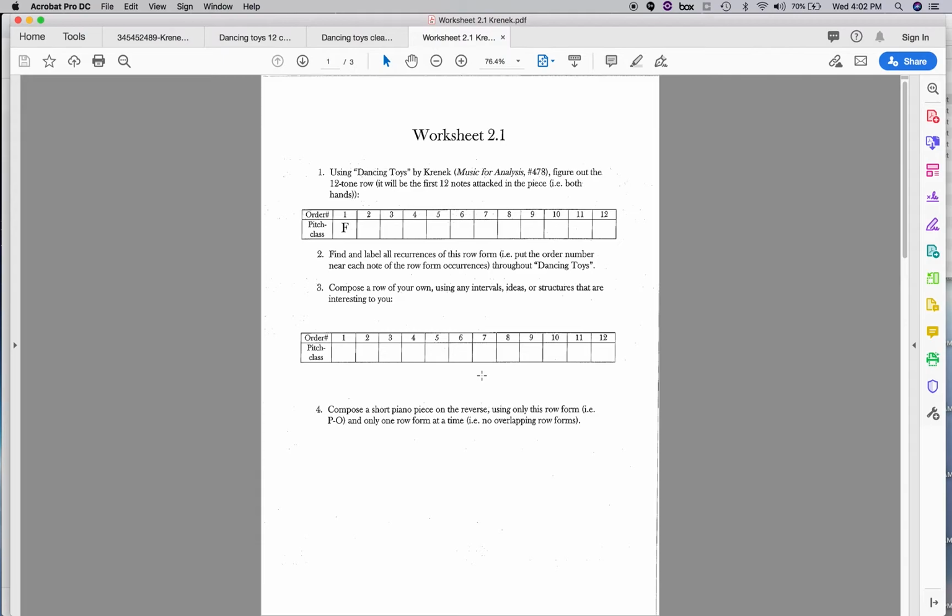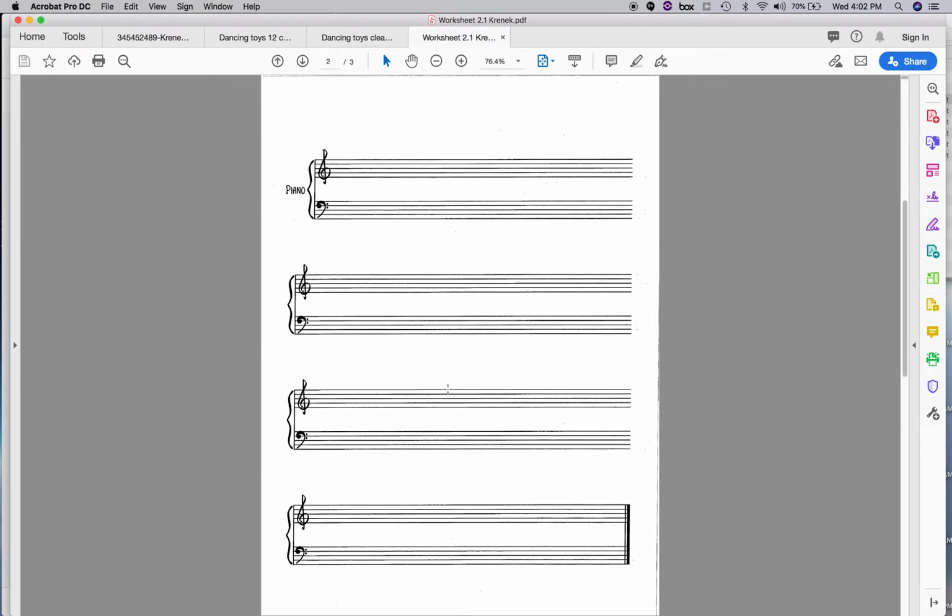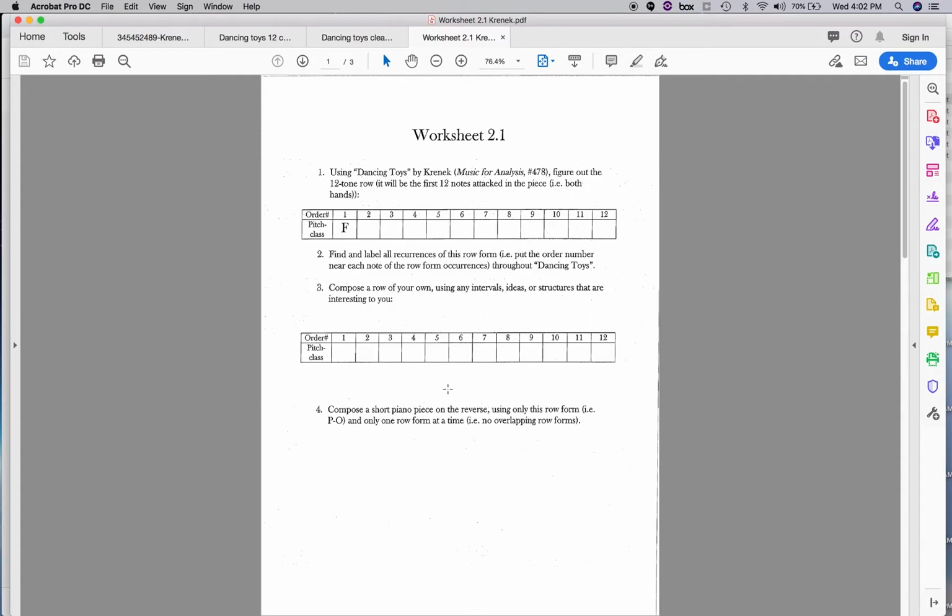That is a 12-tone row. And then I asked you to only use P0 and one at a time, just like the Dancing Toys. Using that, you can create melody, harmony, counter melody, anything, just like Krenek did. And of course, I gave you these 4 grand staves, and I hope you had fun with that.